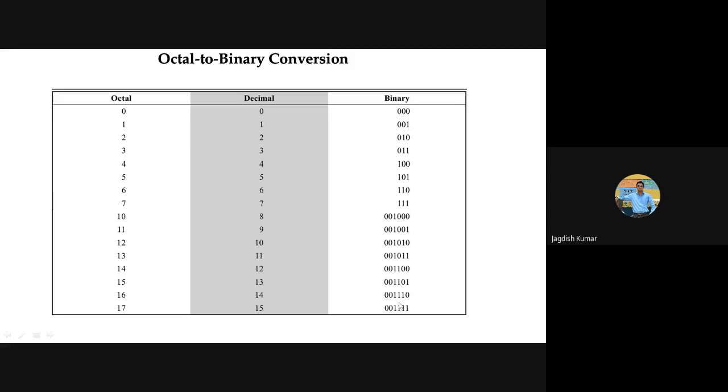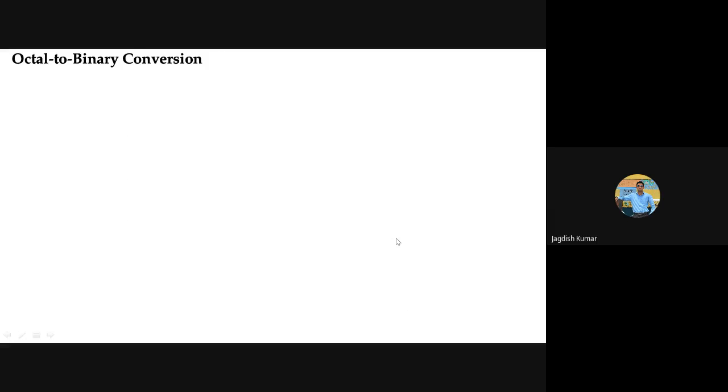But you will realize that first 2 bits are always 0. So even if we would have opted for a 4-bit system up to 15, that would have served the purpose. But if you need to go for higher cases, then we need to get more number of bits. I hope that is clear.